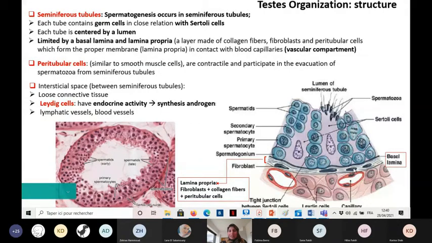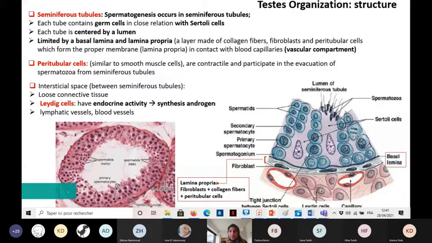Their contraction will help also in the contraction of the seminiferous tubule and in the release, or the propulsion, of the sperm cells produced from the seminiferous tubule into the epididymis. So the peritubular cells are contractile and participate in the evacuation of spermatozoa from seminiferous tubules to the rete testis and then to the epididymis.